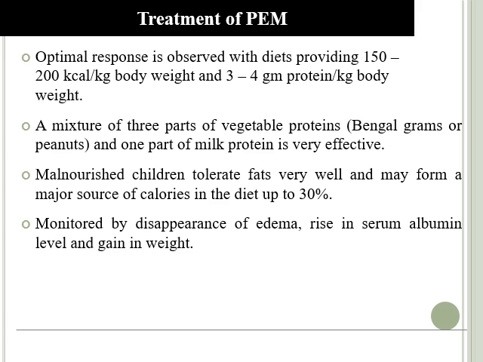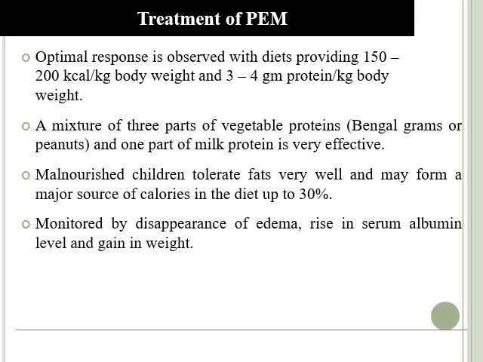Regarding the treatment of PEM, an optimal response is observed with diets providing 150 to 200 kilocalories per kilogram body weight. That means calories should be given along with protein, 3 to 4 gram per kilogram body weight.